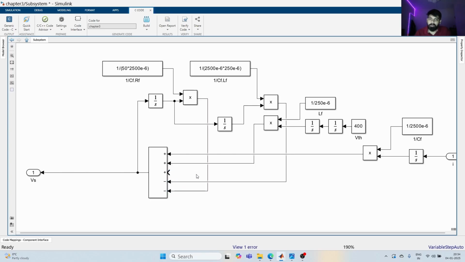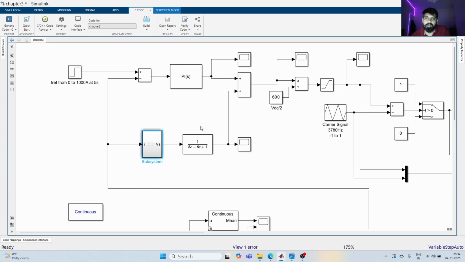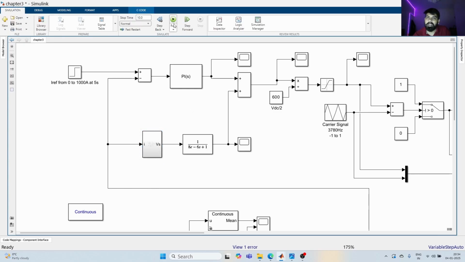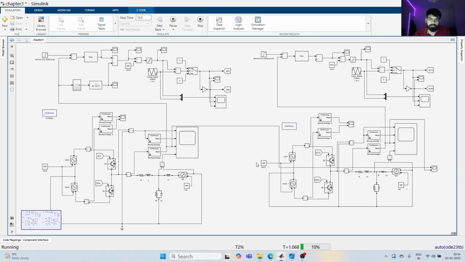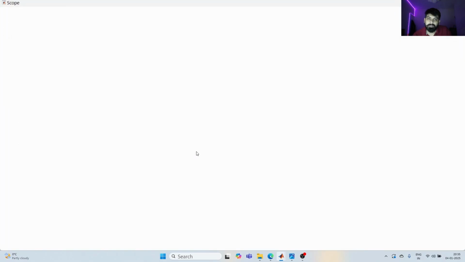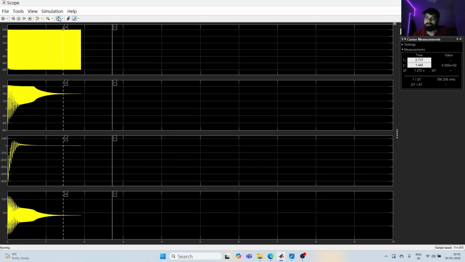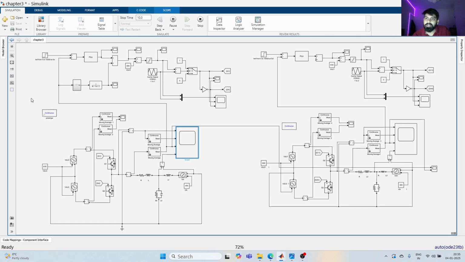And one more positive, so this is for 400. So this is my initial condition that I gave. Let's see what happens. You can see it here. Okay, we still have that bad initial transient.